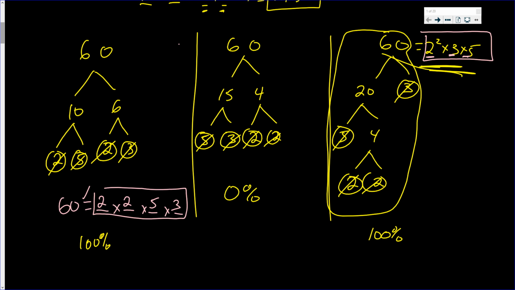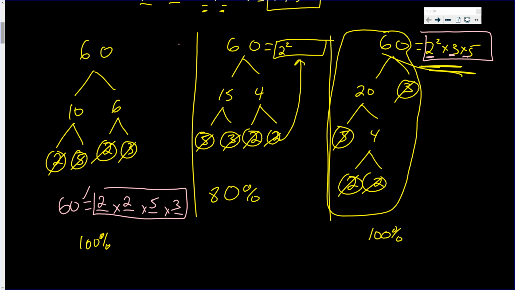They didn't write down any answer. Maybe I'll give them 80% because they did do the factor tree. But understand, the factor tree only helps you get the answer. It is not the answer. The answer is writing 60 as a product of prime numbers.